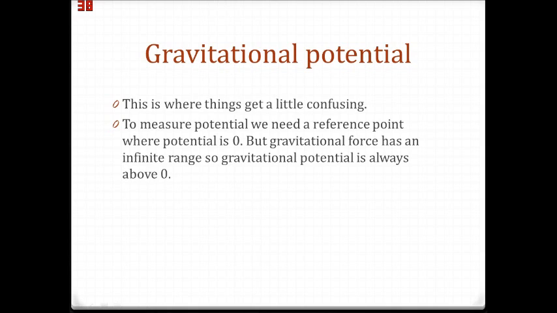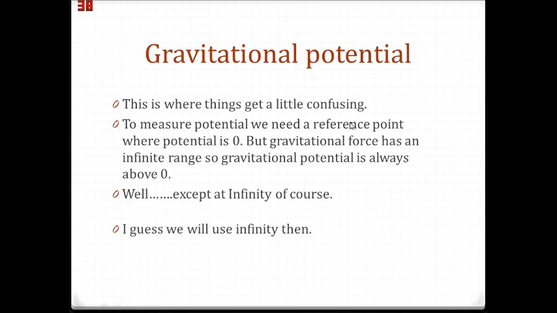It will continue to decrease the further you go from an object and the smaller the object gets, but it will never actually reach 0. The only point that will ever occur is at infinity, because then r will equal infinity, and then anything over infinity must equal 0. So we have to use infinity as a reference point.